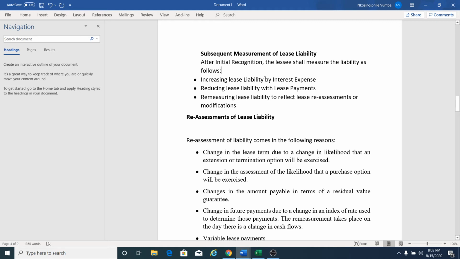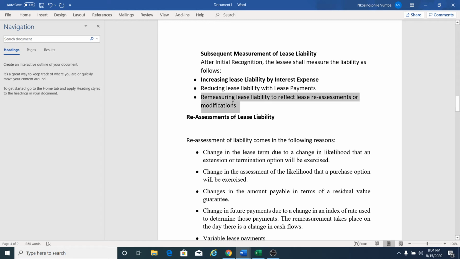You increase the lease liability by an interest expense, you reduce the lease liability with lease payments, and you remeasure the lease liability to reflect the lease reassessments or lease modifications, okay. So obviously if you are paying the lease payments, you are reducing your lease liability. If you are incurring interest expense, you are increasing your lease liability.